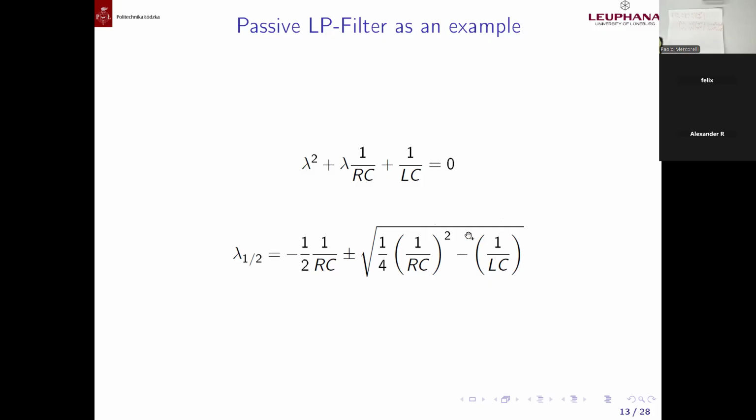But let me exclude again lambda 1 equal lambda 2. If what we have under the root is negative, we have oscillation. If it's not, we don't have oscillation. I did an example of this at the beginning of the semester. This part here is the real exponential part, always.